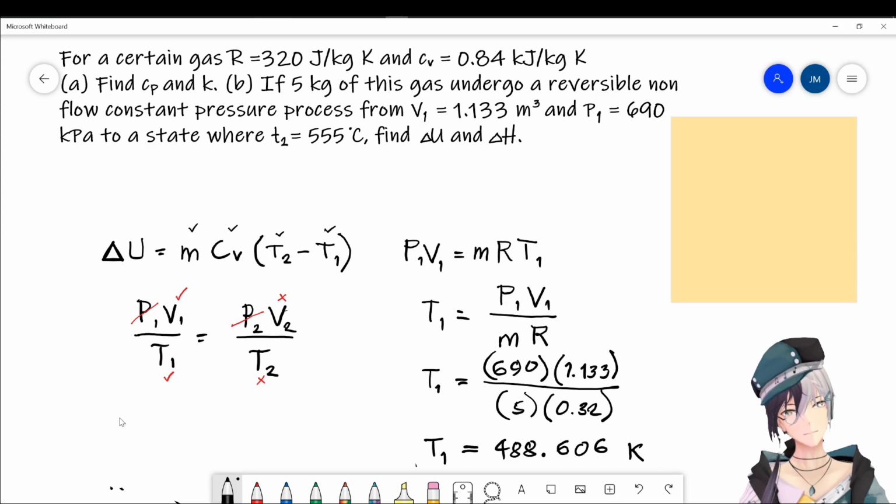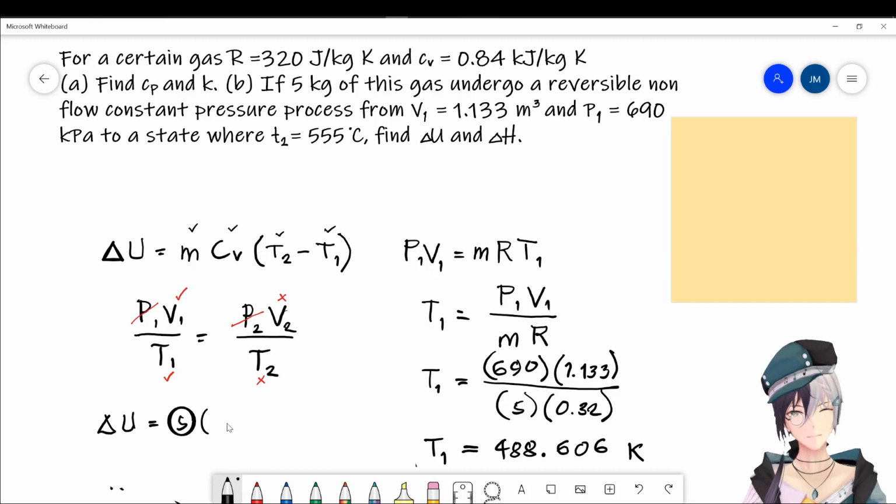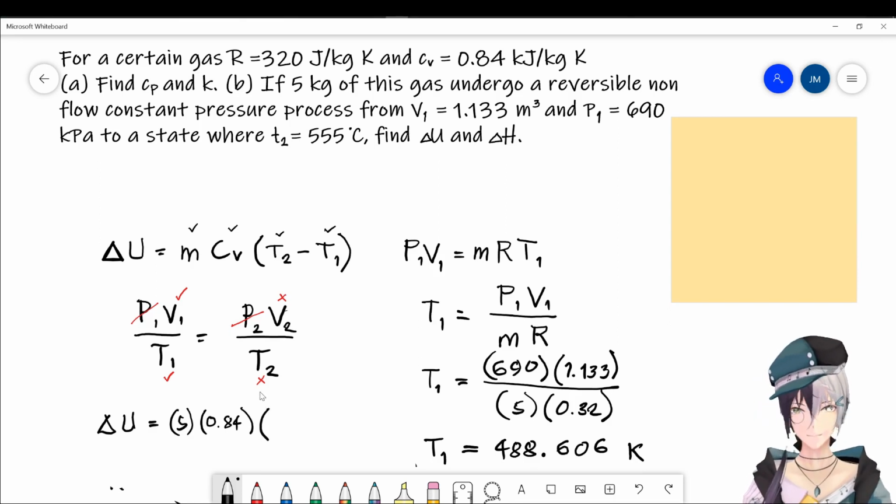So delta U is now 5 multiplied by 0.84, and then temperature 2.